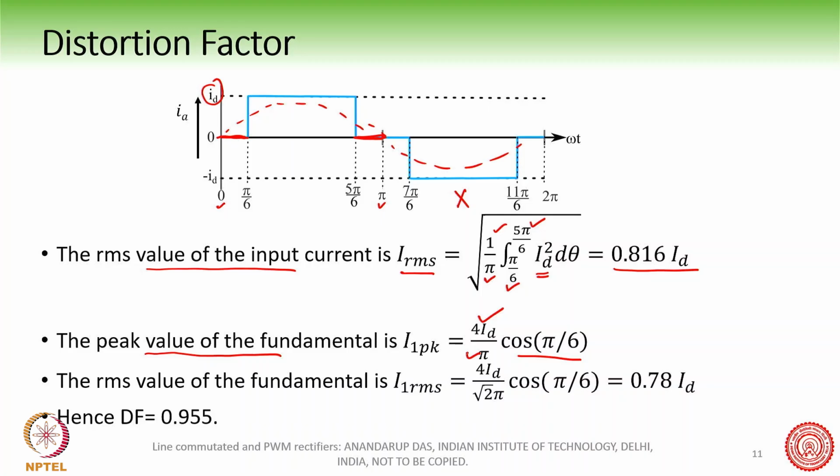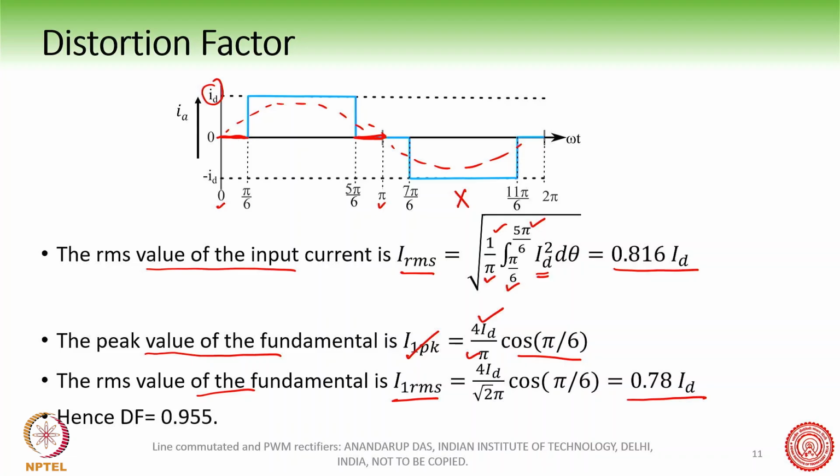So this is the fundamental peak, and therefore the RMS value of the fundamental I1 RMS is 1 by root 2 times I1 peak, which comes out to be 0.78 Id.